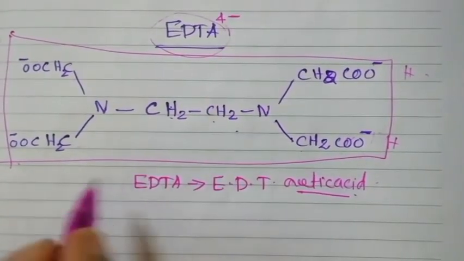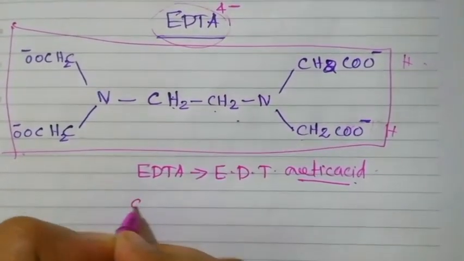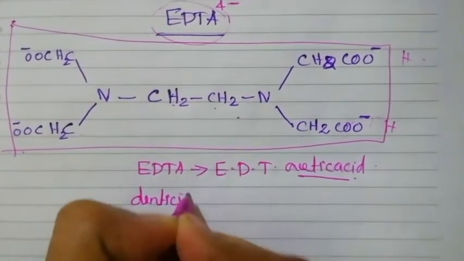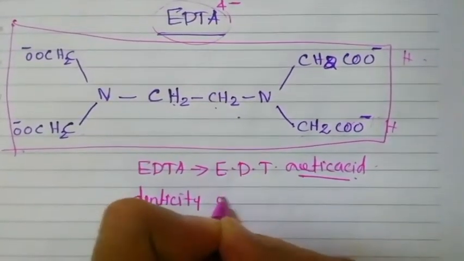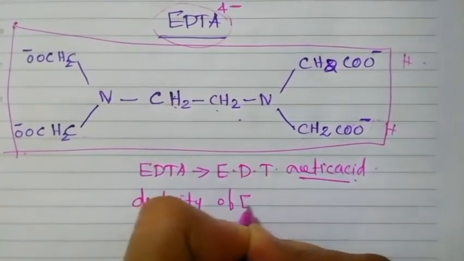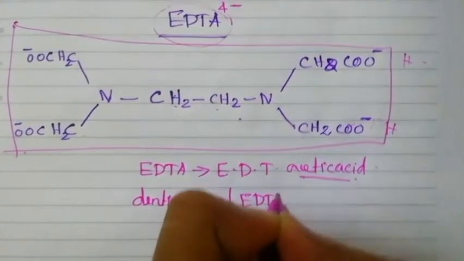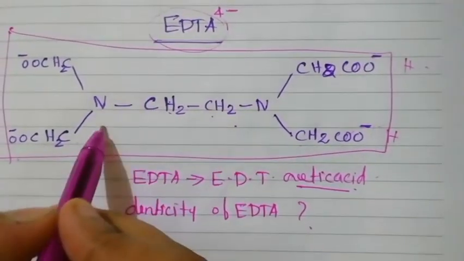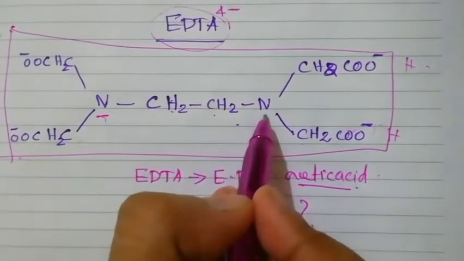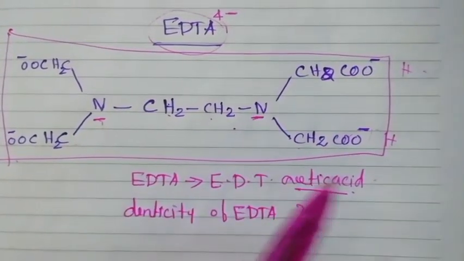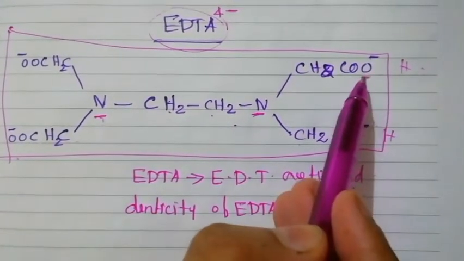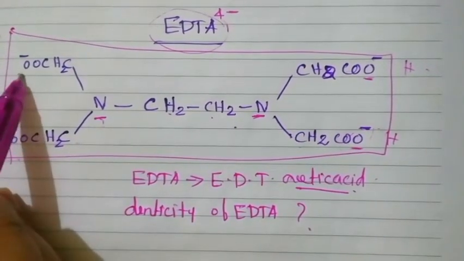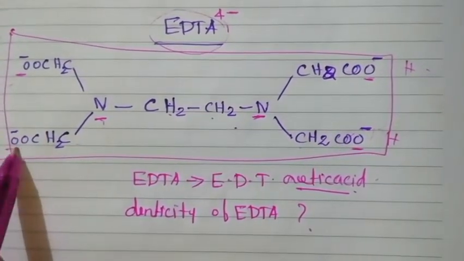The denticity of EDTA we should count. Denticity is the total number of donor sites present in a ligand. Since this is a polydentate ligand, more than 2 will be there. These 2 nitrogens, and each of the 4 terminal oxygen atoms carries a negative charge, which means they can also donate electrons.